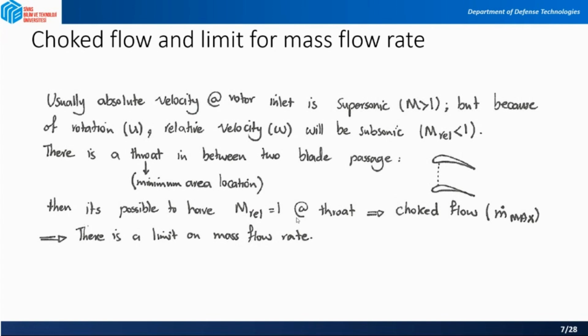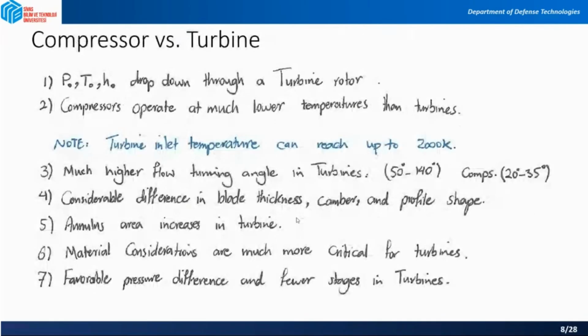When it is reaching Mach equal to 1, you all know that the flow is choked there. So you face a maximum mass flow rate there. So this is the limit on the mass flow rate in the blade to blade passage.